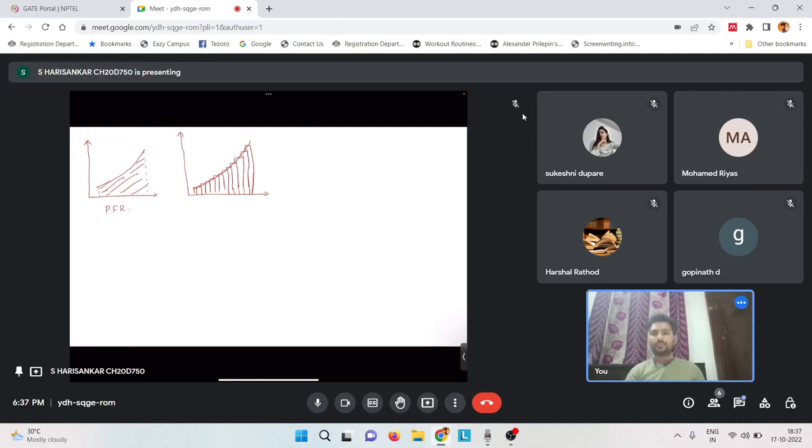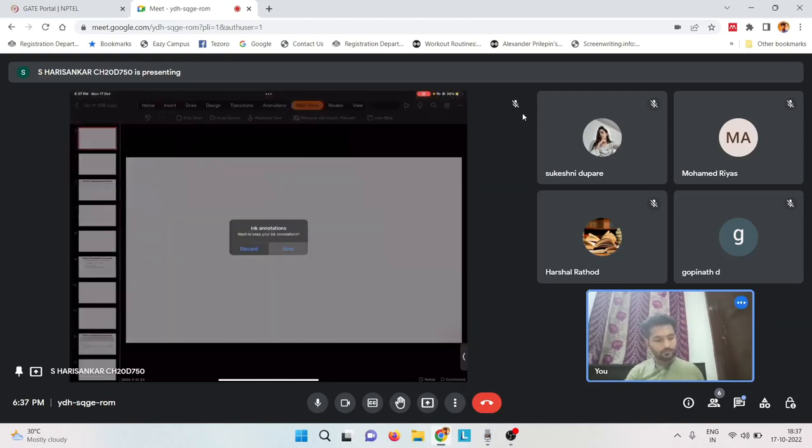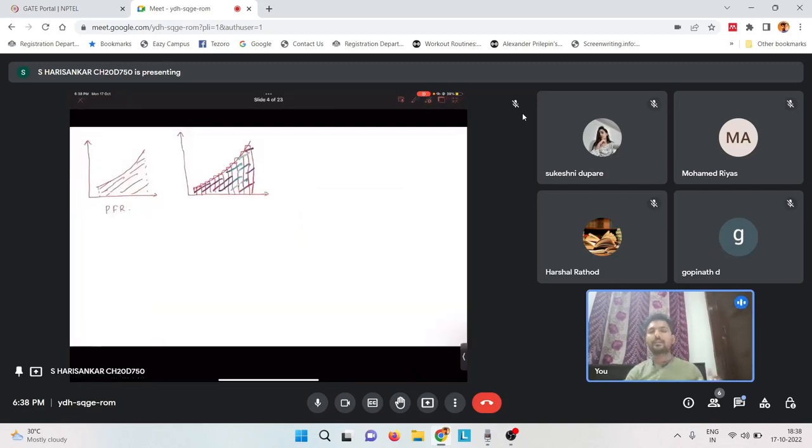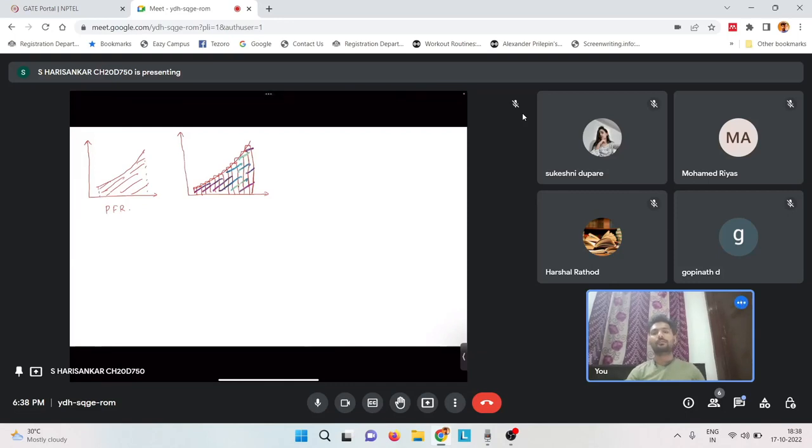In both these cases, the area is basically the area under the curve. So here for infinite CSTRs, the area will be like this. This is basically the area under the curve only, and that is pretty much the area under the curve for the PFR as well.